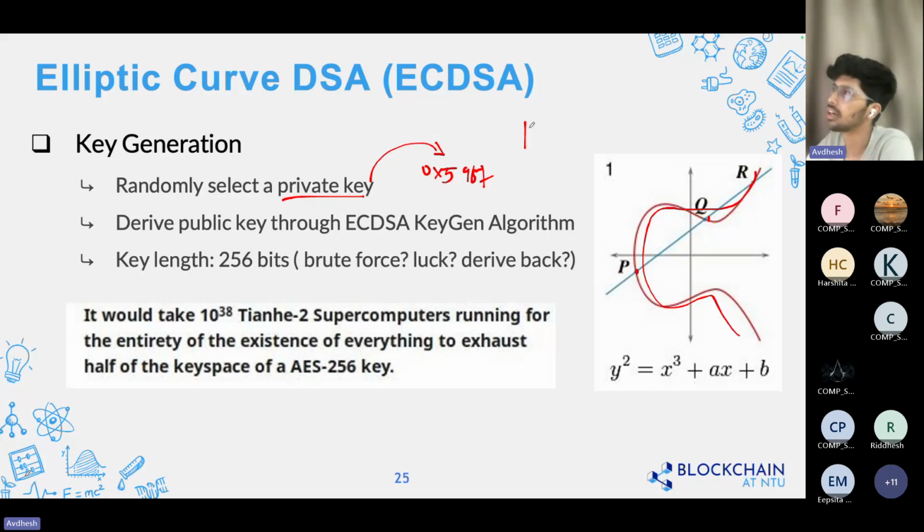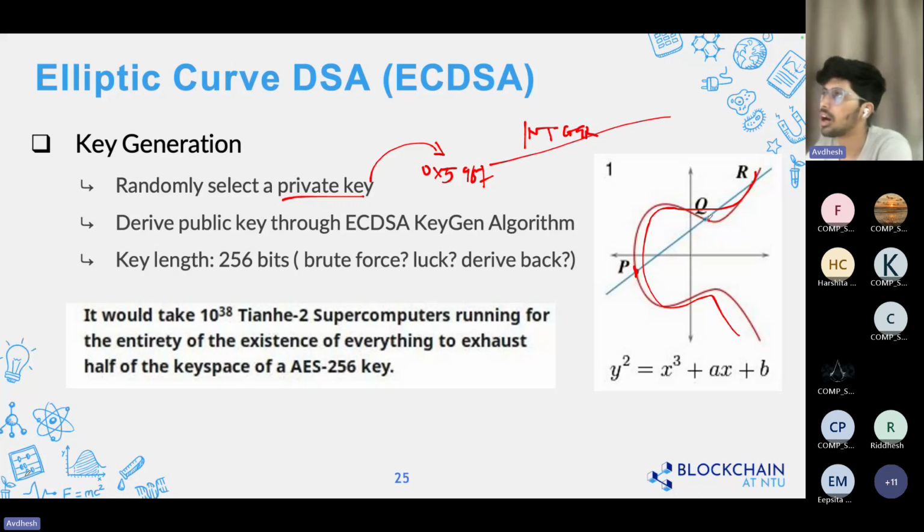I think Java has integer dot random or something. Every language has this. So the private key is formed, and through the private key, let's suppose the private key is at the point P, then the public key is generated by multiplying QR with P or something like that.